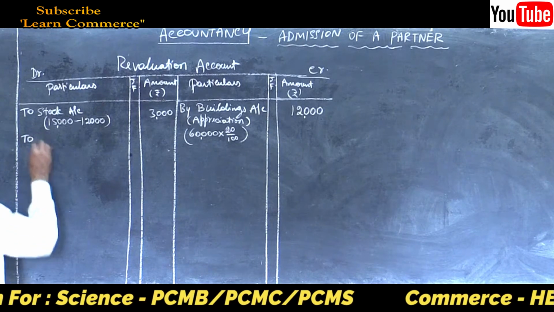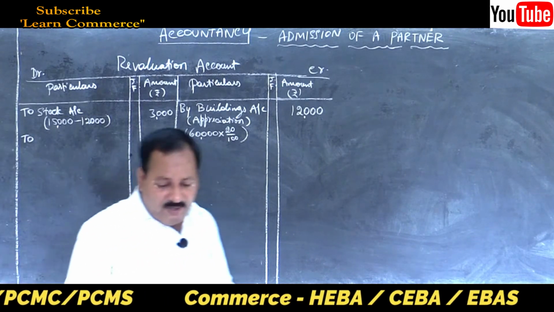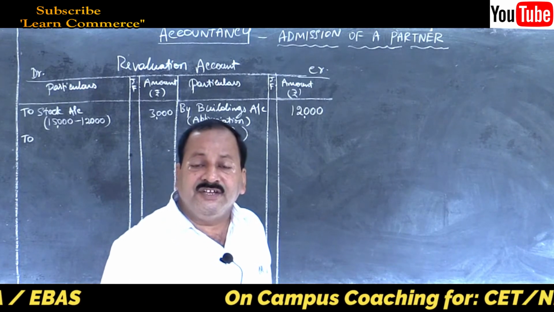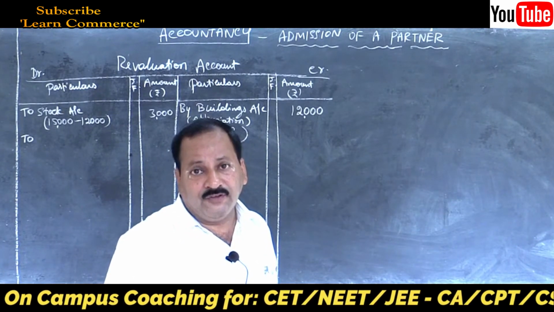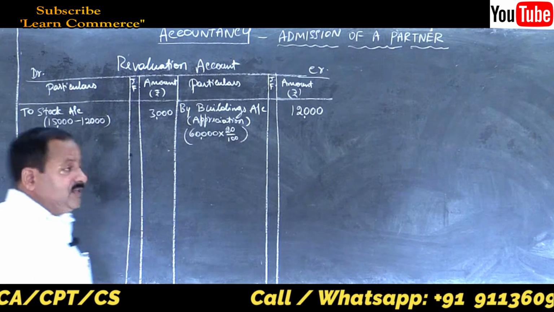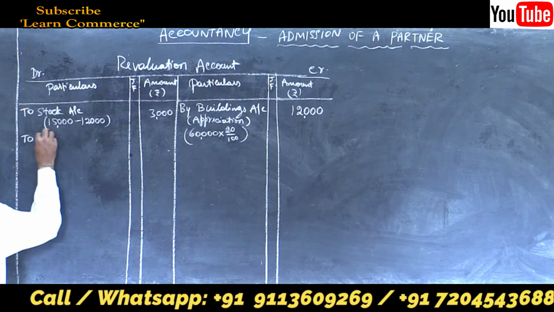Then next one is point number C. Provision for doubtful debts maintained at 5% on debtors. So calculate, it is a loss to the business, as I told you already.